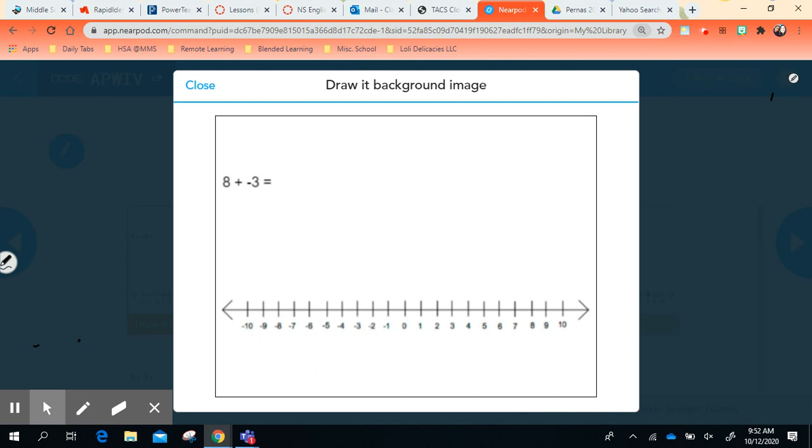That's true. Okay, ¿cuántas 8 más menos 3?